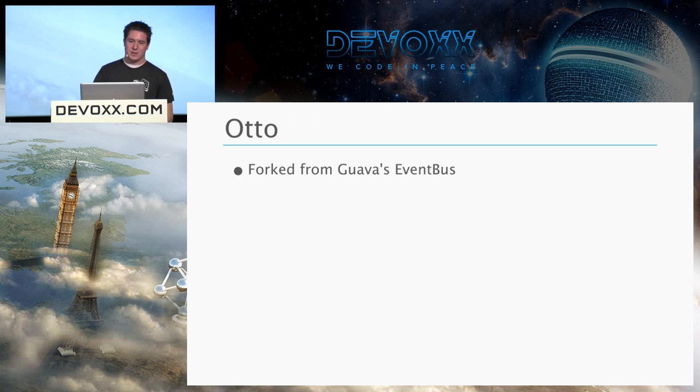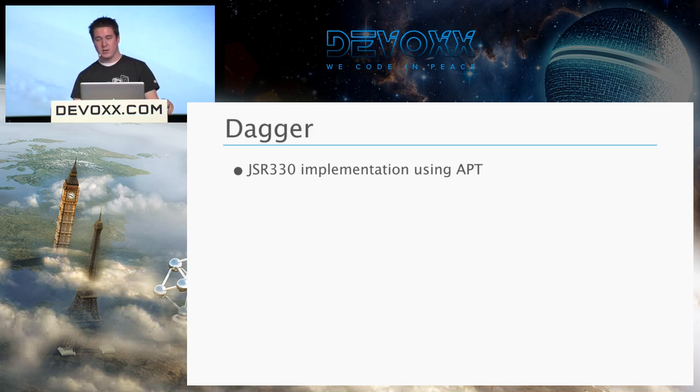So Dagger. Dagger is a new JSR 330 implementation. It uses APT, which is the annotation processing tool. It runs at compile time through javac, and traditional dependency injection frameworks use reflection at runtime to determine which dependencies to resolve and produce.